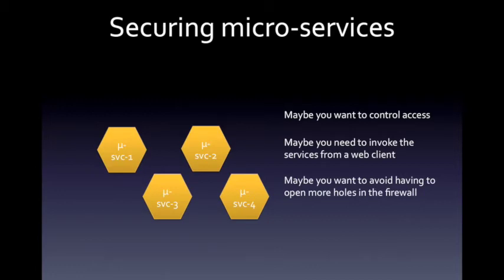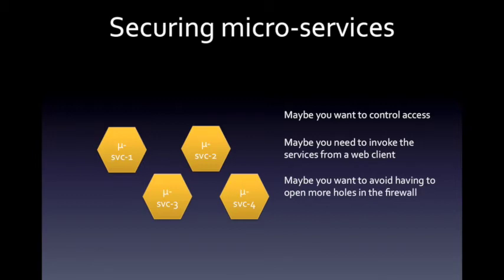If you deploy your monolith onto some machine that has a firewall, like IP tables or whatever, you don't want to punch holes in that firewall to expose the raw microservices.